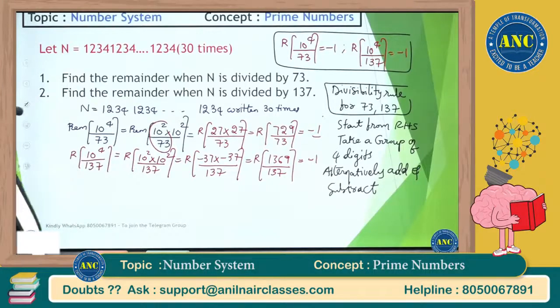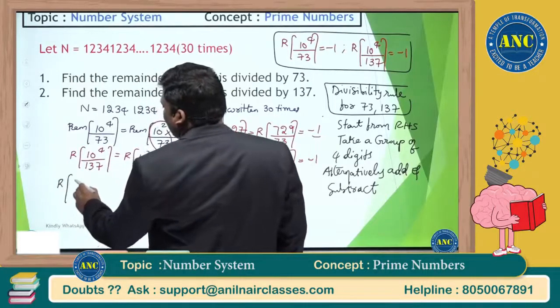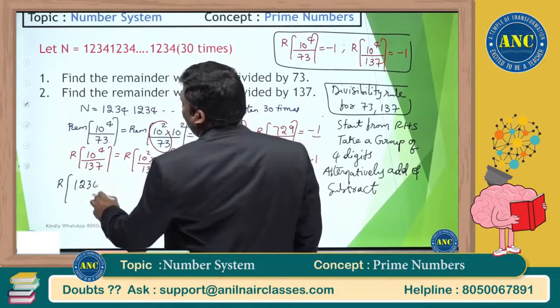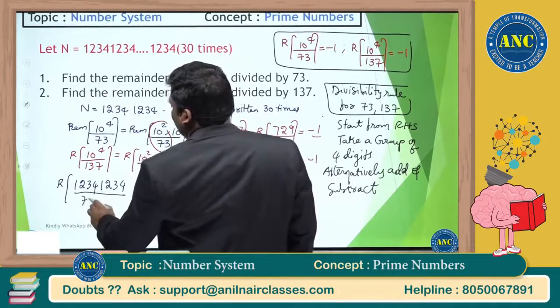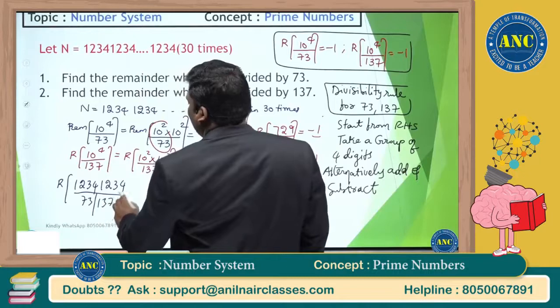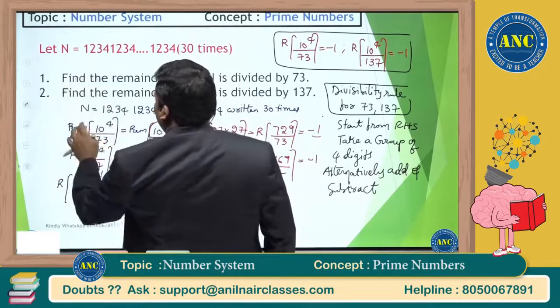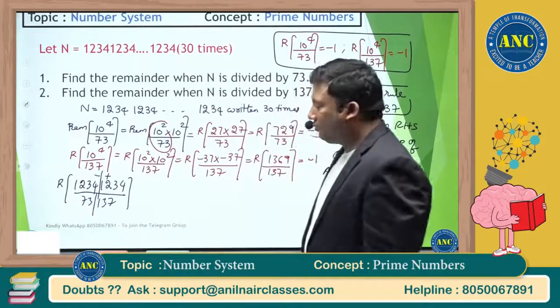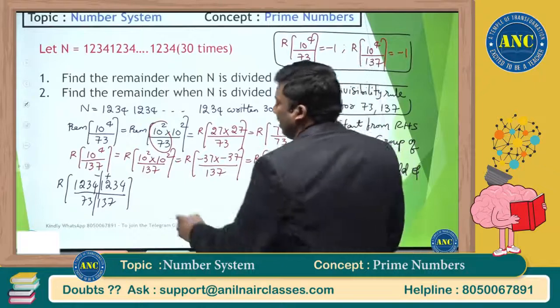Similarly for 137. That means if the question is 1234 written 2 times divided by 73 or 137, take a group of 4 digits alternately plus minus: 1234 minus 1234. Remainder is 0.